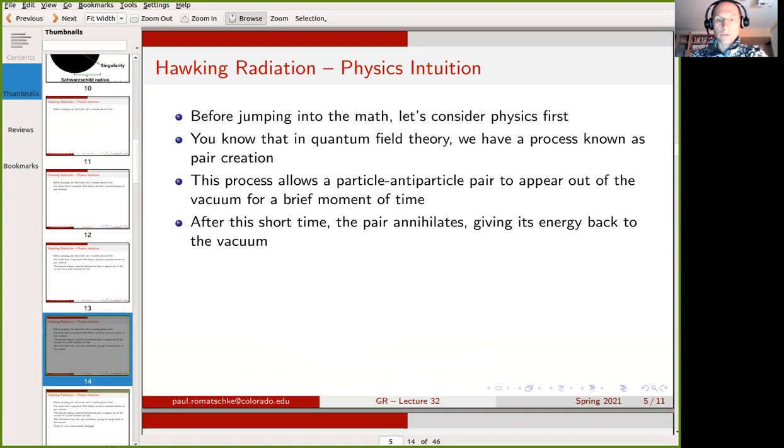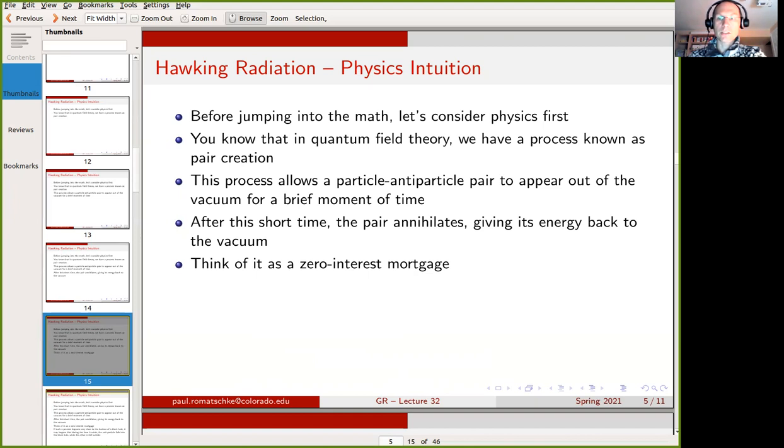After the short time is over, the particle-antiparticle pair has to annihilate back. So basically it will annihilate into pure energy, and the energy just goes back to the vacuum where you took it out from. Essentially, this is a physics way of taking on a zero interest mortgage from the bank. So you take out money from the bank for a short amount of time, you don't pay any interest, so you just give it back to the bank after you're done.